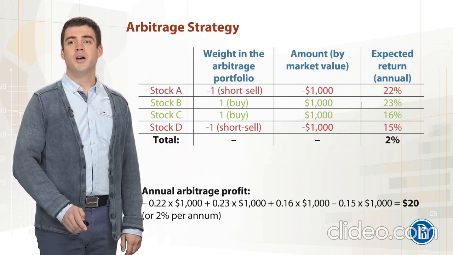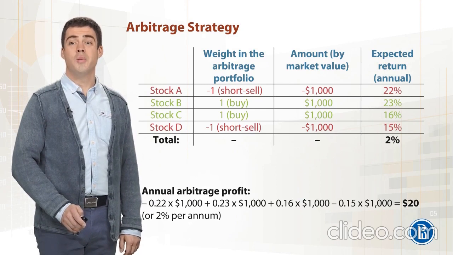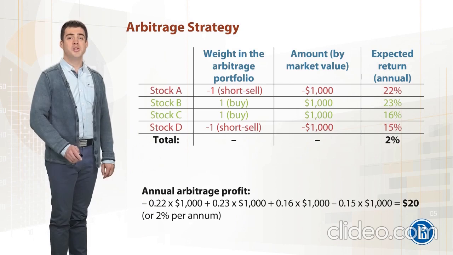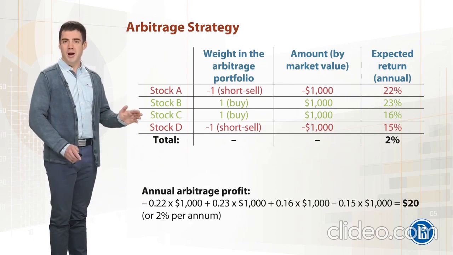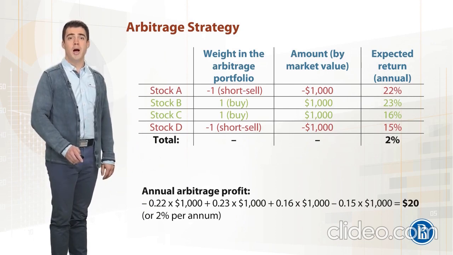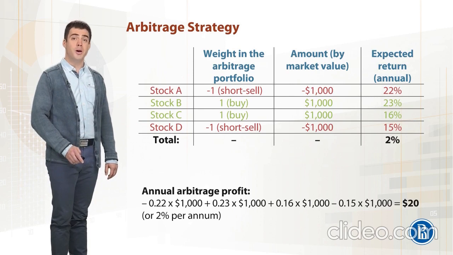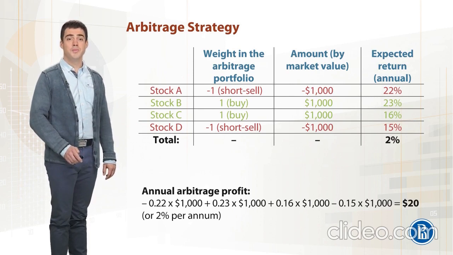But of course, these arbitrage opportunities will not last for a long time, as it is not only you, but many other market participants who track the stock returns and use various pricing models to estimate the true prices for different stocks.